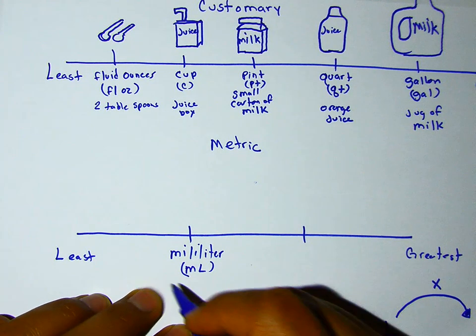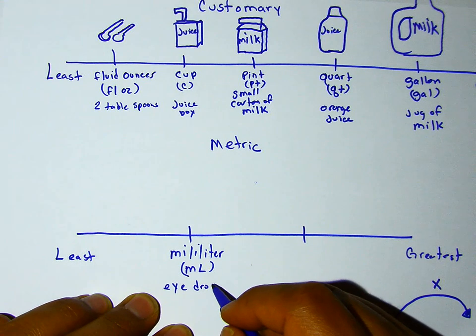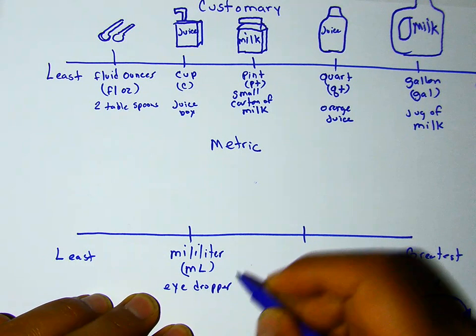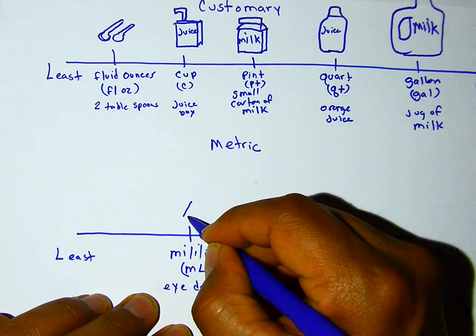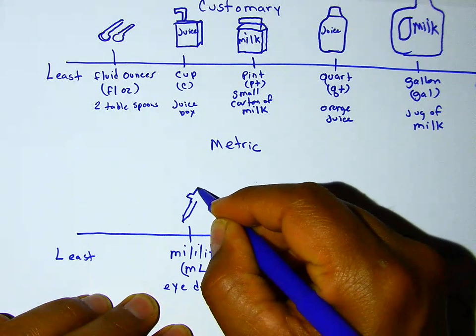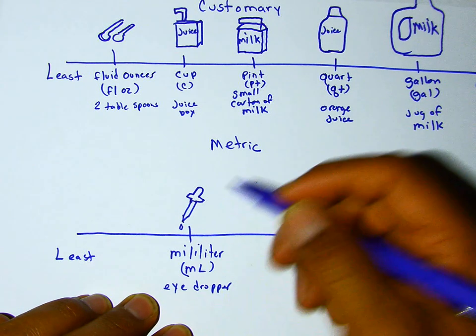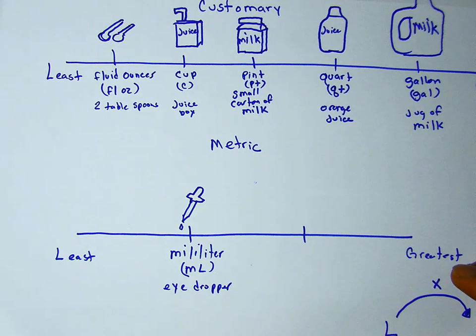And this would be about an eyedropper. So the eyedropper is about a milliliter.